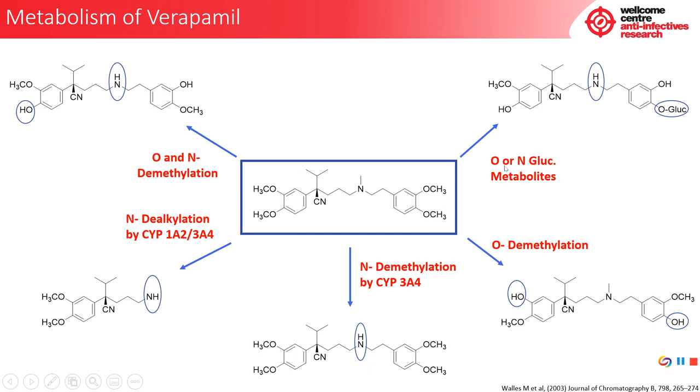It can undergo O or N-glucuronidation also to give us the phase 2 metabolites. Verapamil has more than 30 different metabolites which are still being elucidated even till today. Some more metabolites are coming to be known.